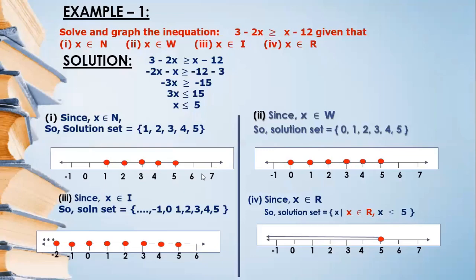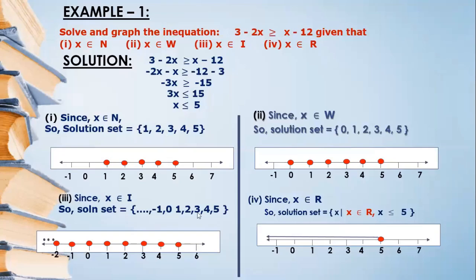Third part is when x belongs to integers. Now, as we know, integers contain all positive numbers, negative numbers, including 0. Since we have the solution as x is less than or equal to 5, all the integers which are less than 5 and the integer 5 will be in the solution.